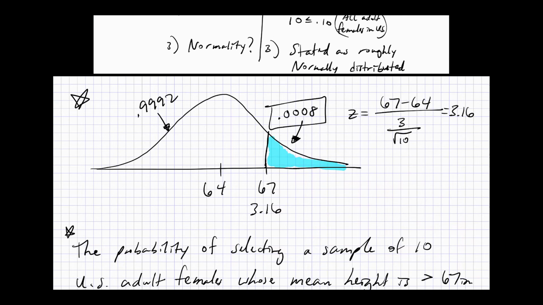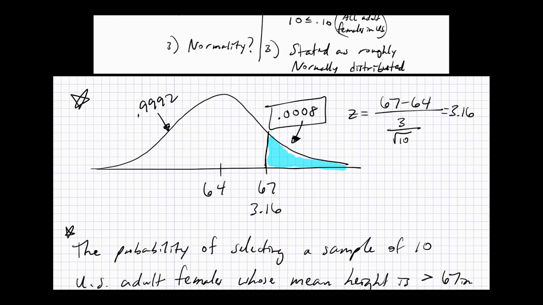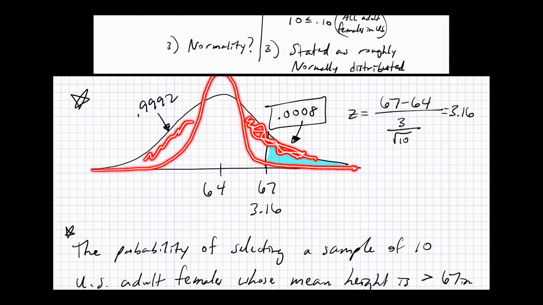As your sample size goes up, there's not so much variability. Variability goes down quite a bit. So now you're looking at something like that, right? Where there is none of this stuff over here. This stuff over here can't happen, right?